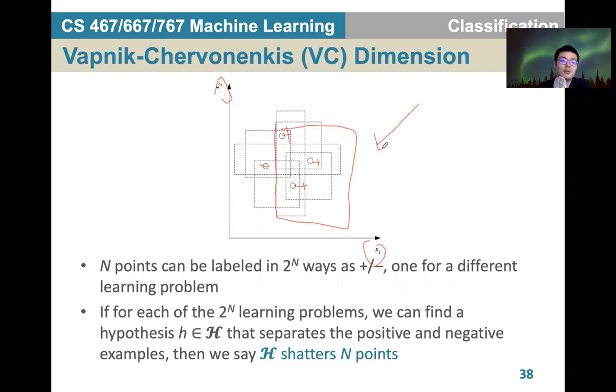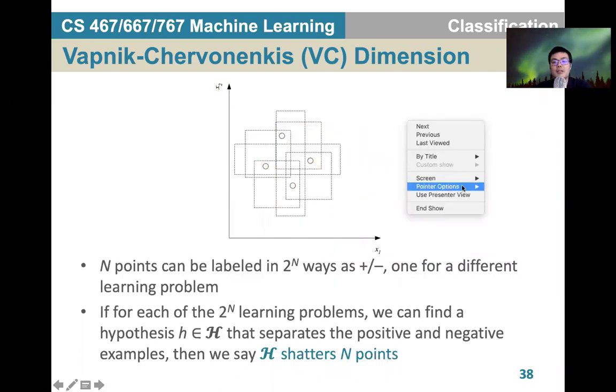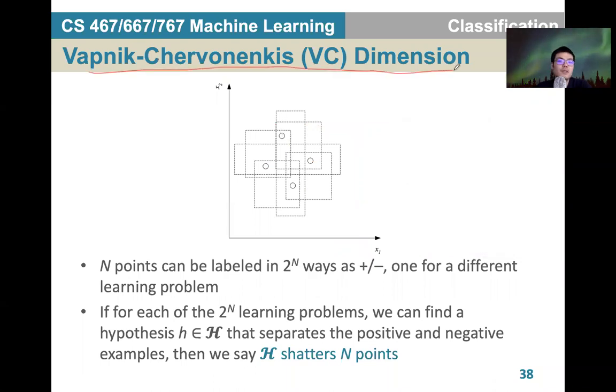So we will talk about it in the next slide, okay? Here is the concept of model complexity. We call it the VC dimension. Again, this is only of theory value. In reality, we don't really use it, but it helps you understand the concept.